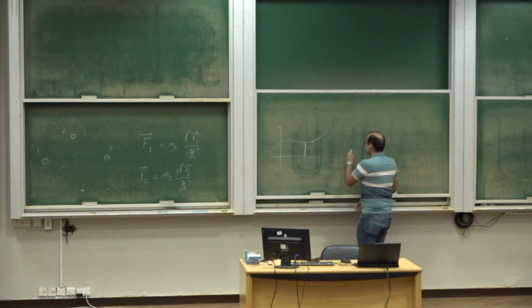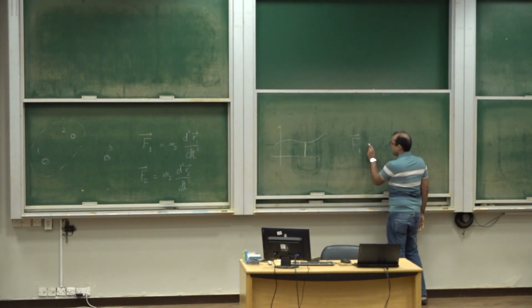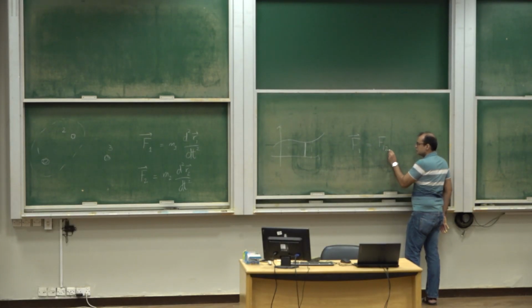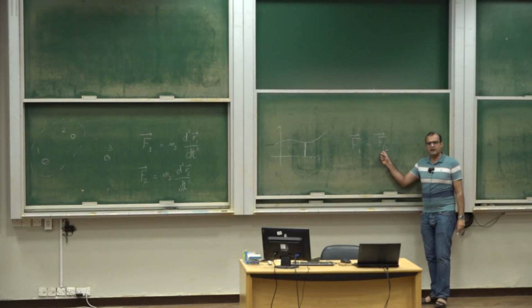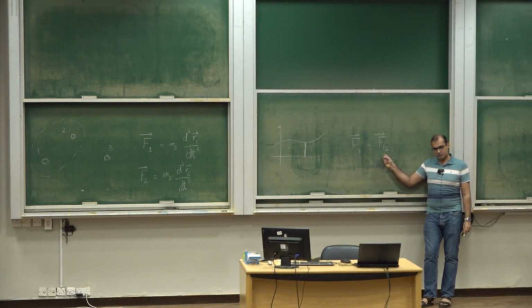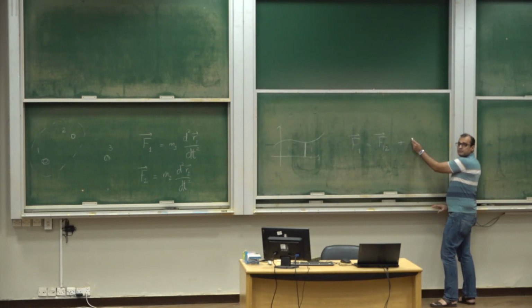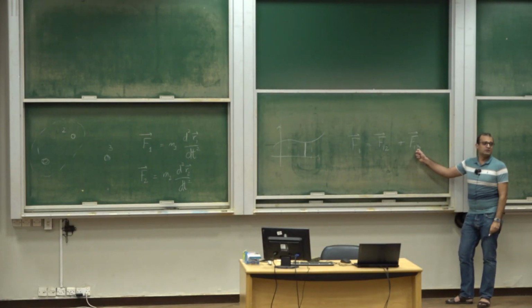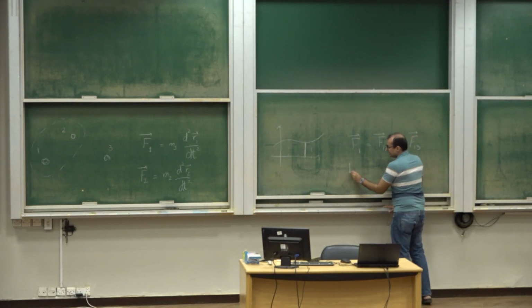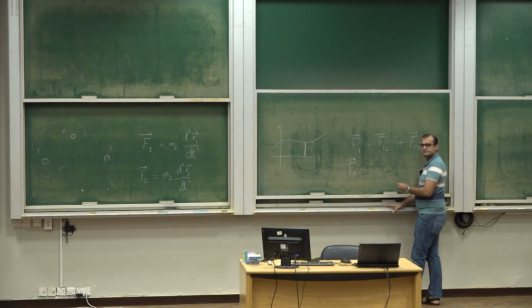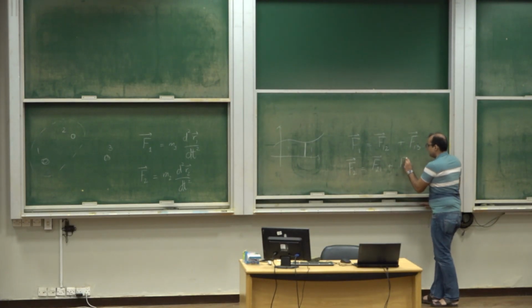What I can write definitively is that F1 I can write as F₁₂, this notation means force on particle 1 due to particle 2, plus F₁₃, force on particle 1 due to particle 3. Similarly, I can write down F2 equals F₂₁ plus F₂₃.